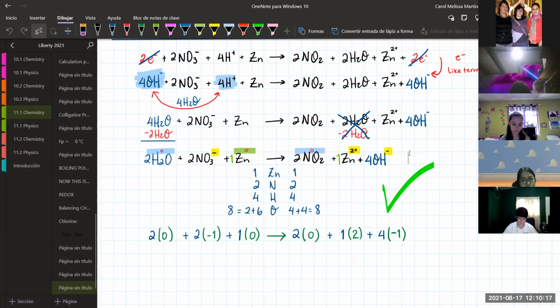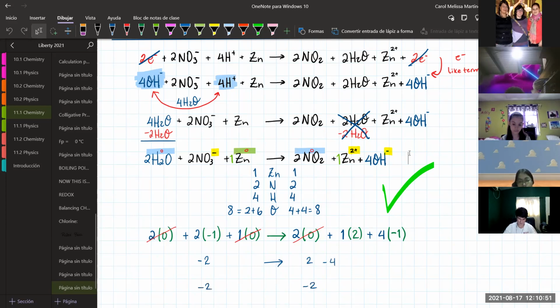So every number that is multiplied times 0 is going to be cancelled because it's going to give you 0. So negative 2 times negative 1, is going to be negative 2. And in the product, you will have 1 times 2, that is 2, and 4 times negative 1, that is negative 4. And this subtraction is going to give you negative 2.